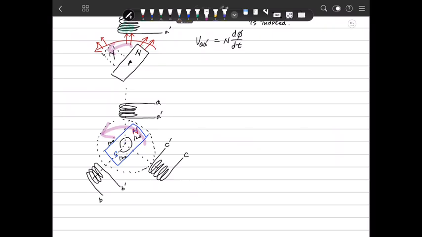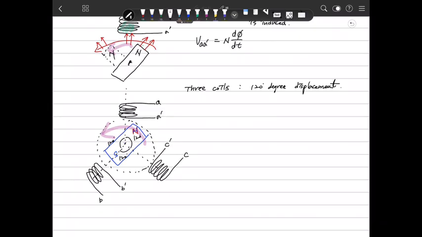These are 3 coils, with the same 120 degree displacement and the same winding number.